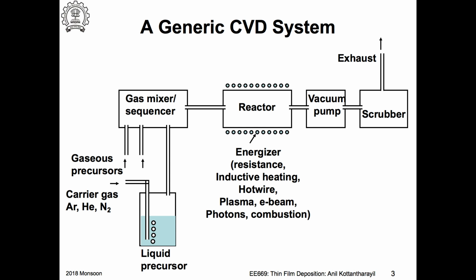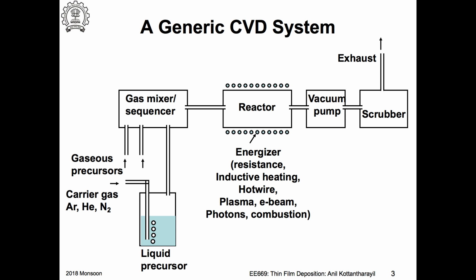So you would heat it by various techniques: resistance heating, inductive heating, something called hot wire, or you can actually provide the energy by creating a plasma. So the reactants, the chemical species, will be at excited states, and then you can get them to react.